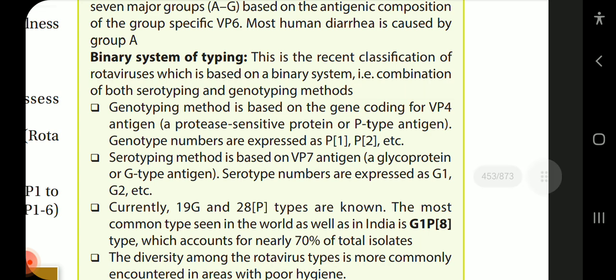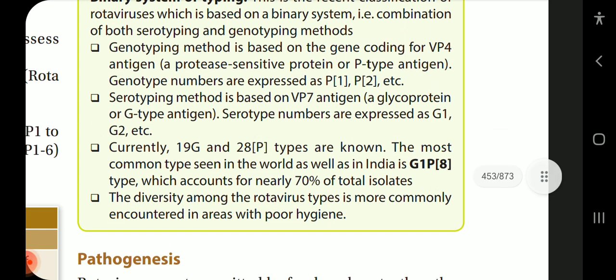The binary system of typing is the recent classification of rotavirus, which is a combination of both serotyping and genotyping methods. The genotyping method is based on the gene coding for VP4 antigen, a protease sensitive protein or P-type antigen. Genotype numbers are expressed as P1, P2, etc. The serotyping method is based on VP7 antigen, a glycoprotein or G-type antigen.